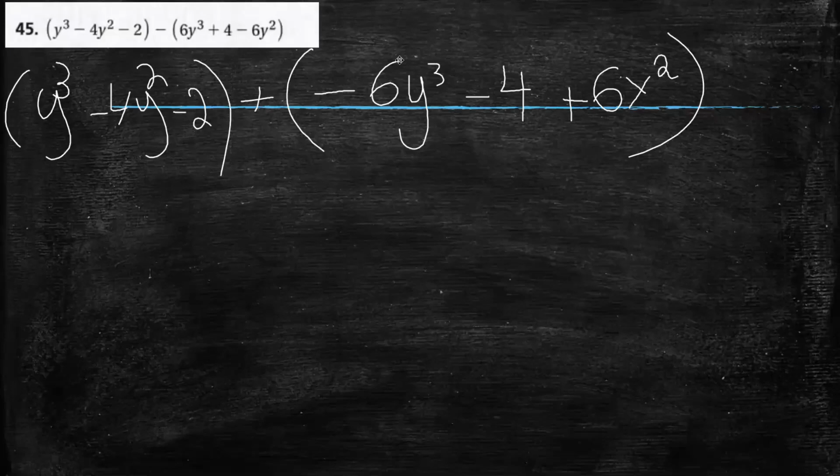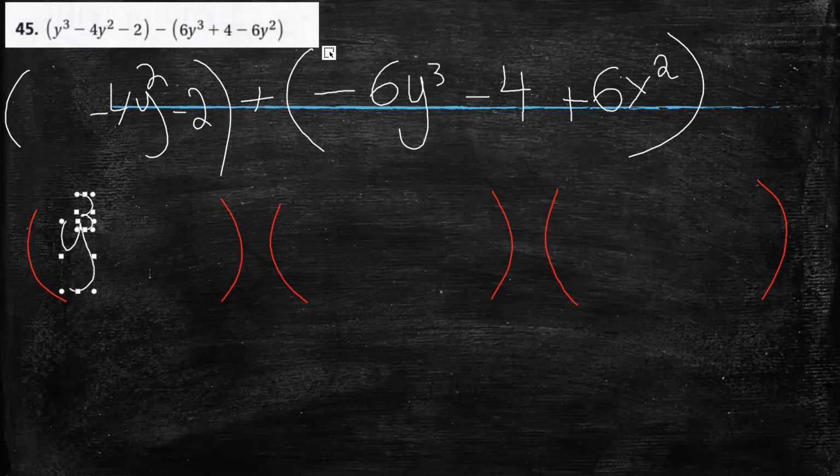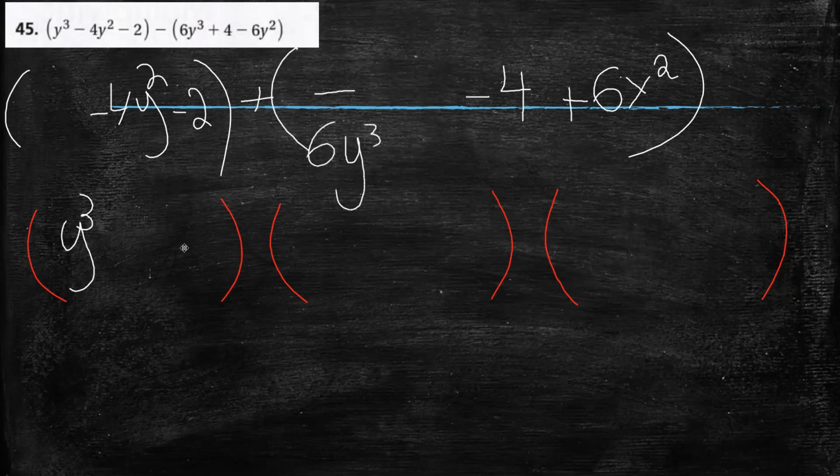Then what we have to do, we will make brackets, and gather each variable in the same brackets: y cubic and then negative 6y cubic.